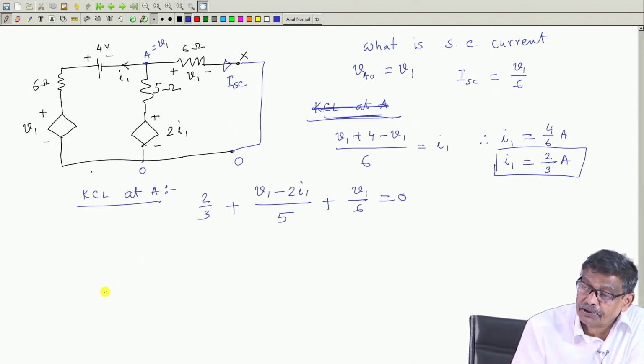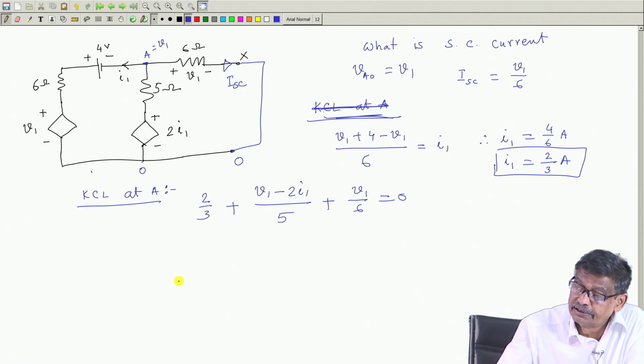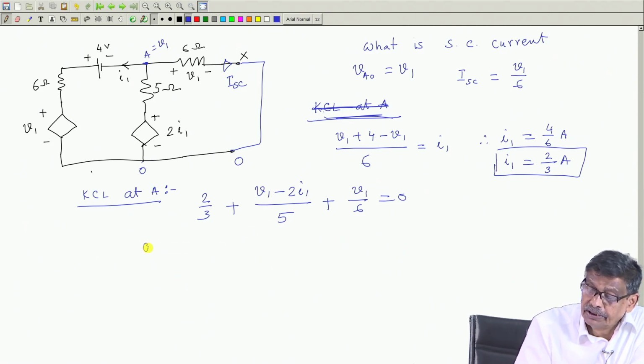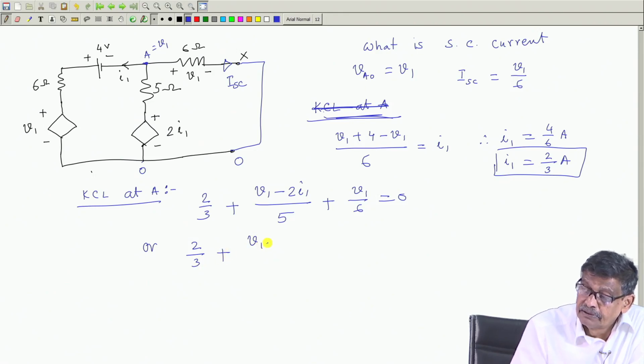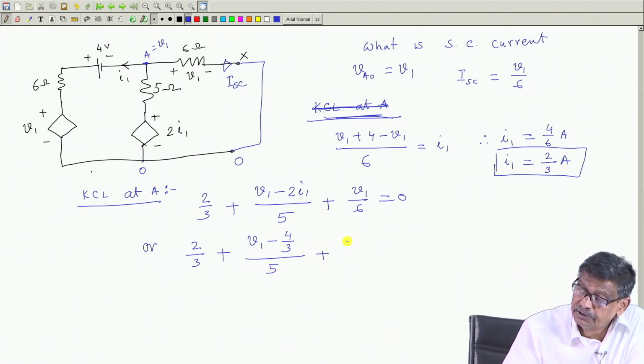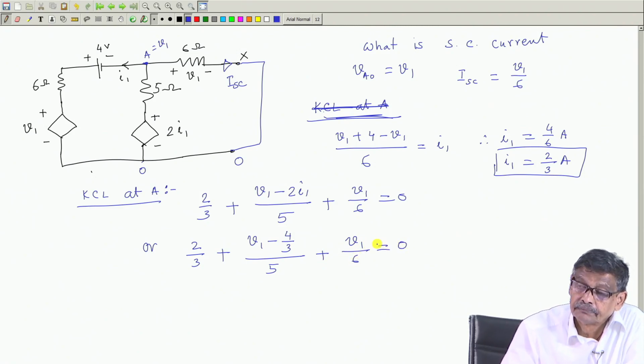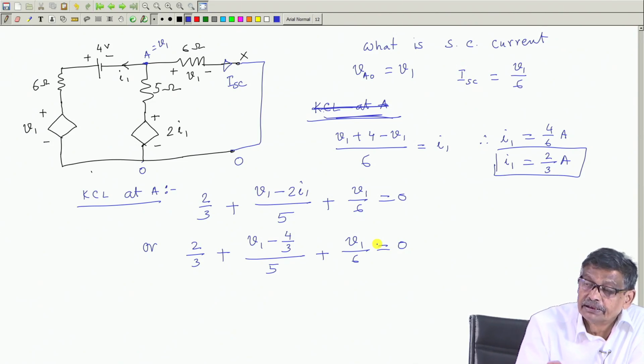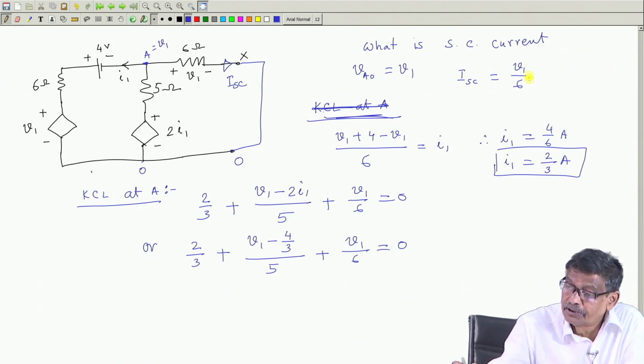So, the voltage is V1. I1 is 2 by 3 ampere. So, we write 2 by 3 plus V1 minus 2I1, that is 4 by 3, by 5, plus V1 by 6 is equal to 0. V1 is to be calculated to find out ISC, because ISC is V1 by 6.